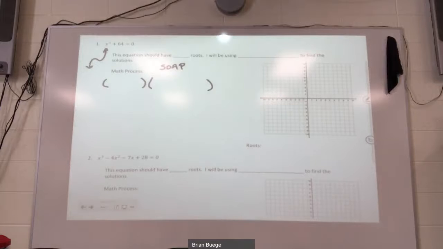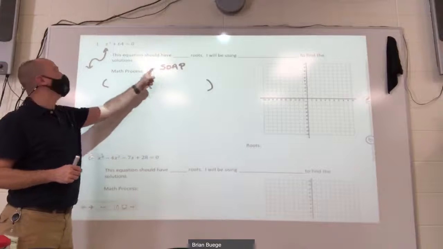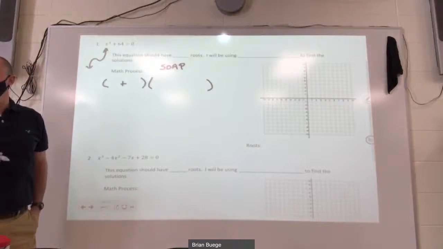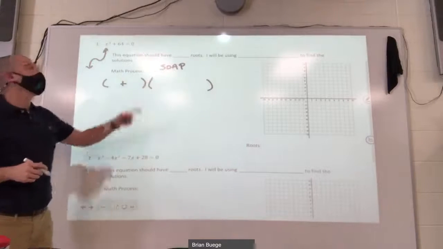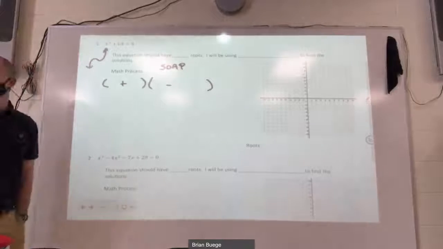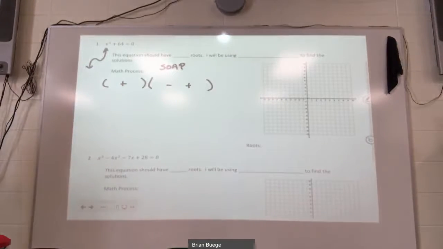That only works for sum and difference of cubes. Here's what it stands for again. S stands for same sign, meaning, since this is a sum of cubes, the first binomial is going to be a sum. It's going to be positive. O stands for opposite, therefore the next one is going to be a negative. And AP, always positive. The last term, no matter what, is always positive.